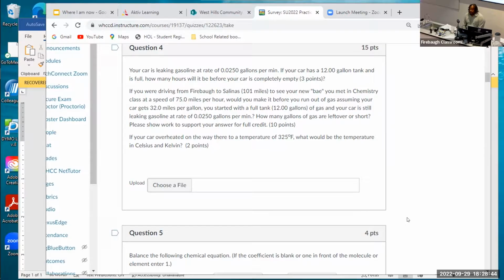If the car has a 12-gallon tank and it's full, how many hours will it be before your car is empty? Eight hours. It is 8 hours. How did you get that?